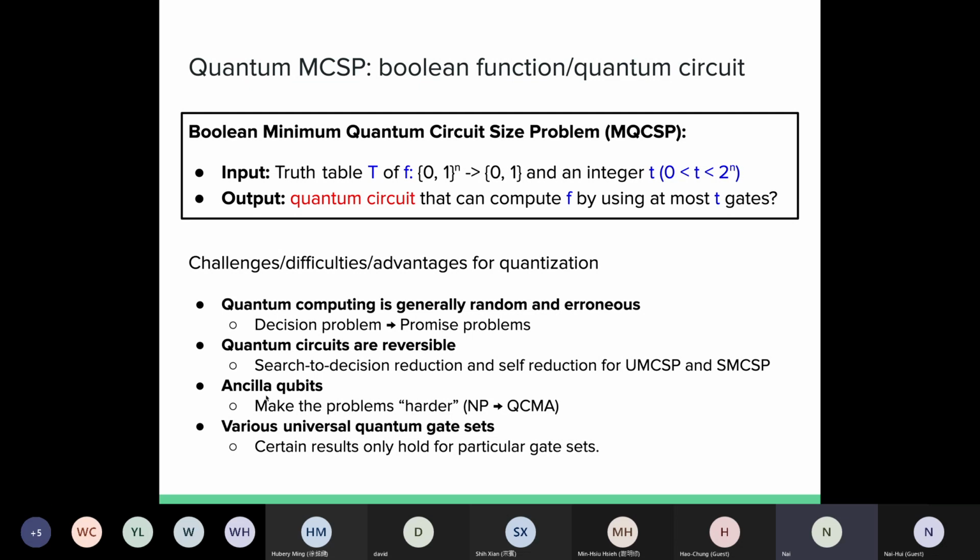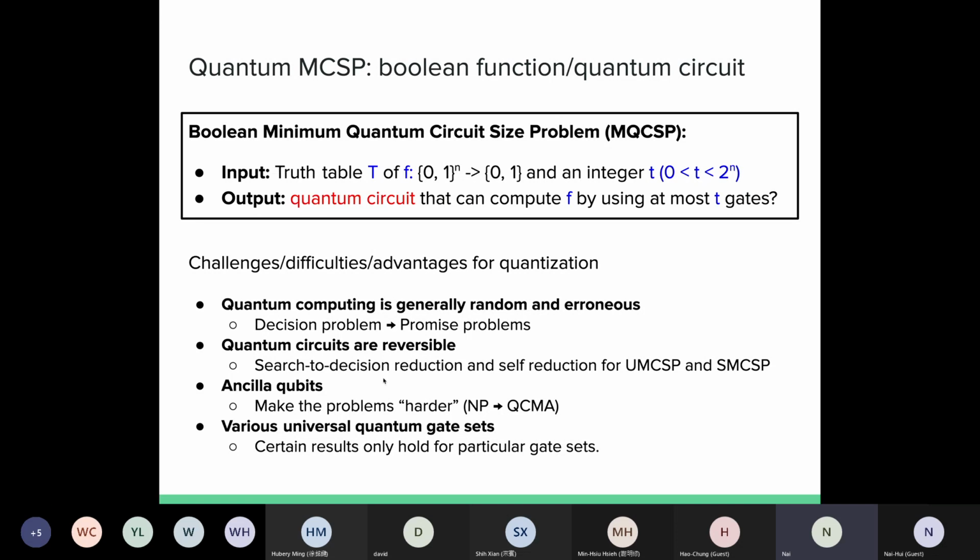So actually, the introduction of ancilla qubits makes the problem harder. Because of the ancilla qubits, the problem goes from NP to QCMA. QCMA is a quantum analogue of NP, which is a larger class than NP. We don't know how to prove it is in NP, but this problem is in QCMA. So this problem seems to be harder than the classical MCSP problem.